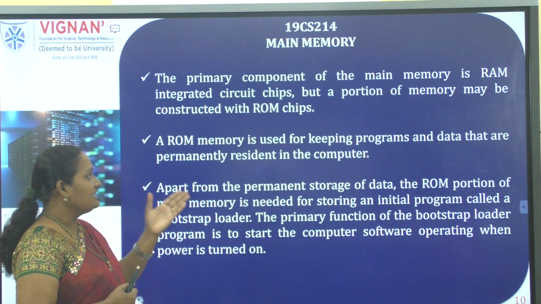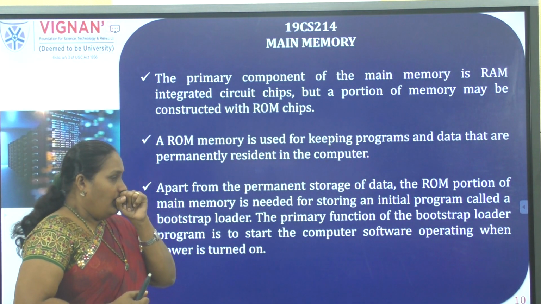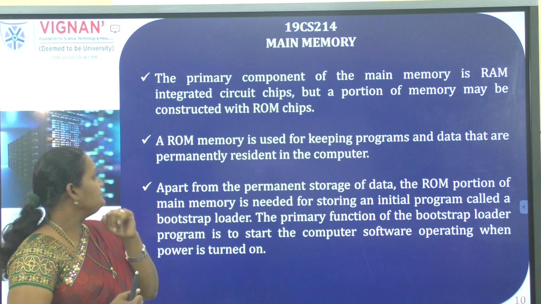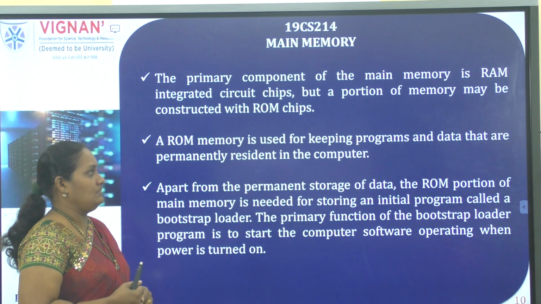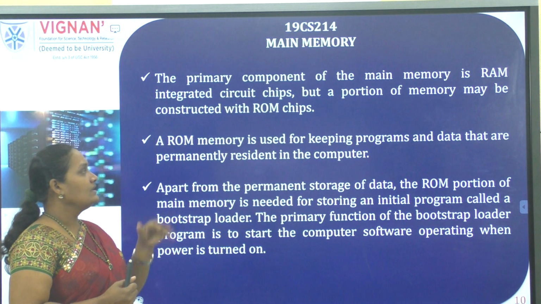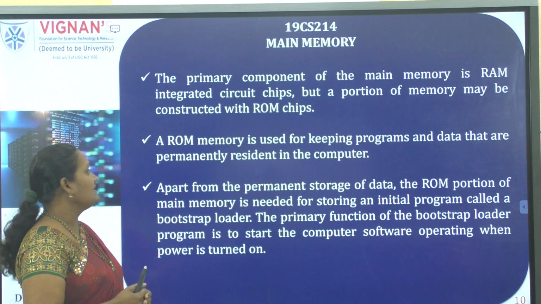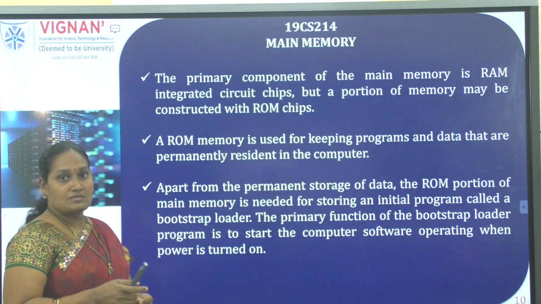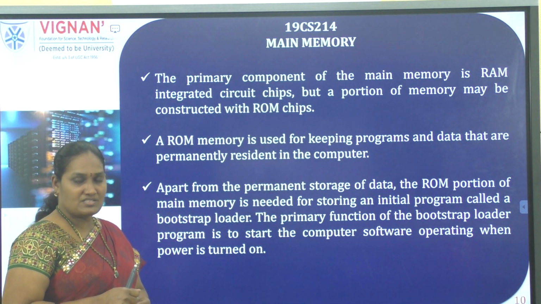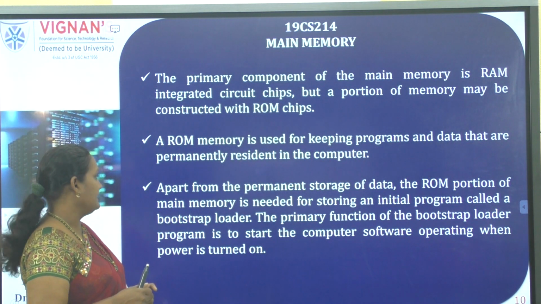A ROM memory is used for keeping programs and data that are permanently resident in the computer. We already said that RAM is a volatile memory. It cannot store the data permanently. But ROM permanently stores the programs and data.